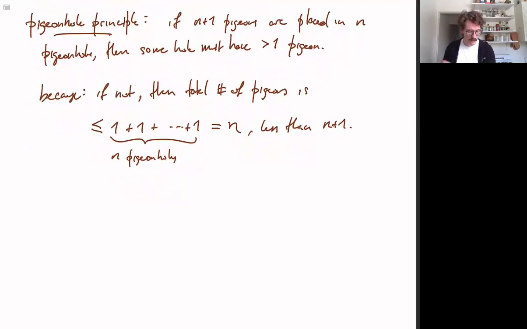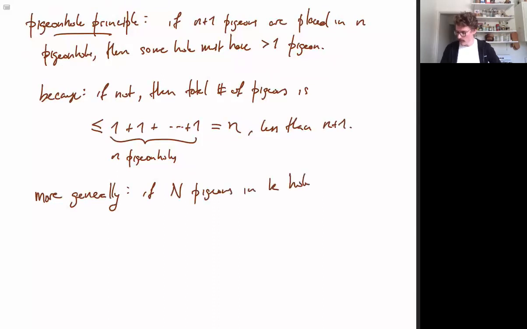So let's actually say something. More generally, if we have N pigeons in k holes, so now instead of n plus 1 and n, I have just some big N and little k.